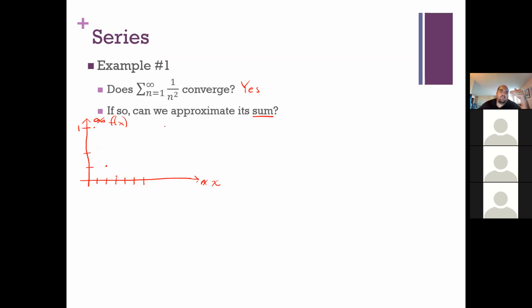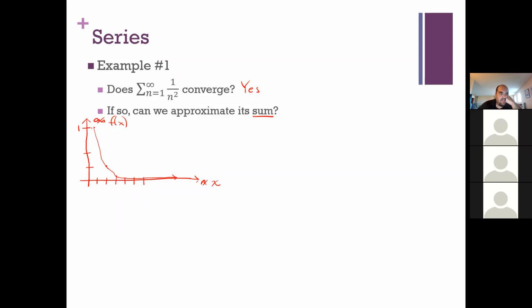So we're looking at this series from n equals 1, and then n increases without bound. With continuous functions, we can join these points with a curve. And we know as n approaches infinity, the function is going to approach 0.